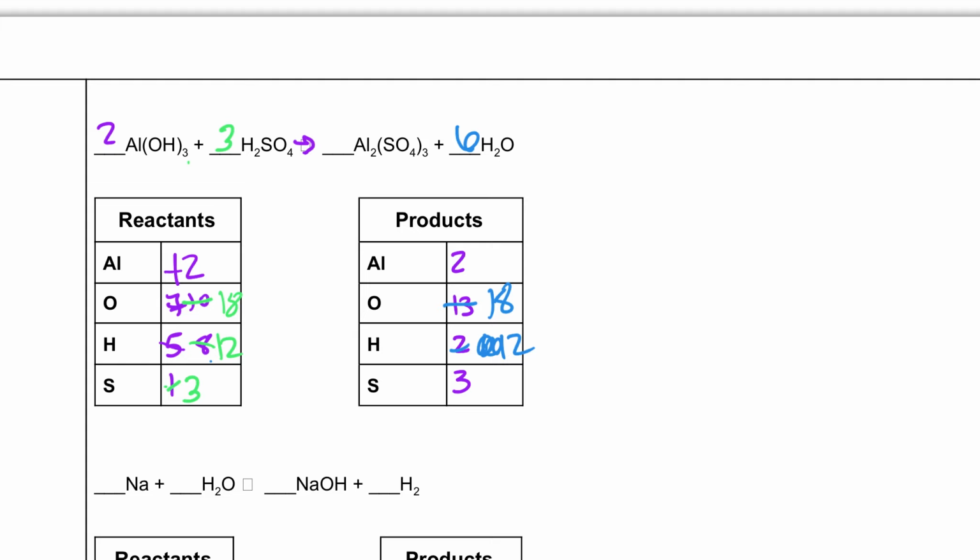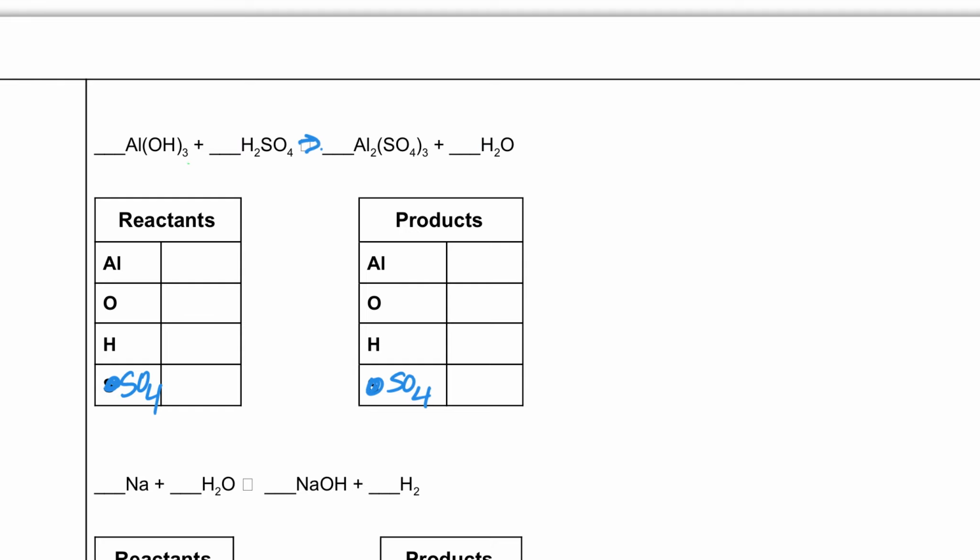So the other way that we can balance this equation is by keeping the sulfate groups together when we balance. So in doing so, we'll balance the sulfate groups as a whole. And so when we're counting our atoms, we have 1 sulfate group on the reactants, and we have 3 sulfate groups on the products.